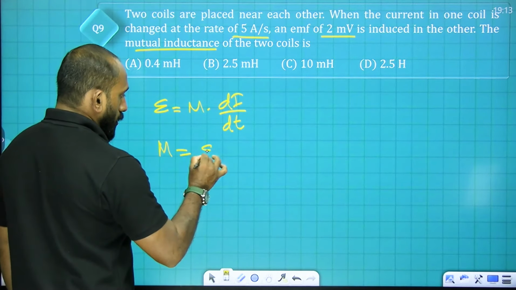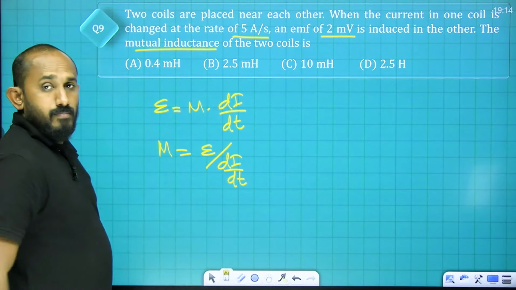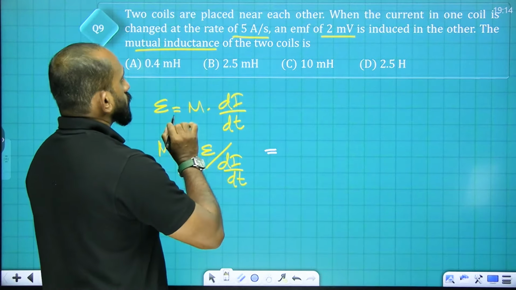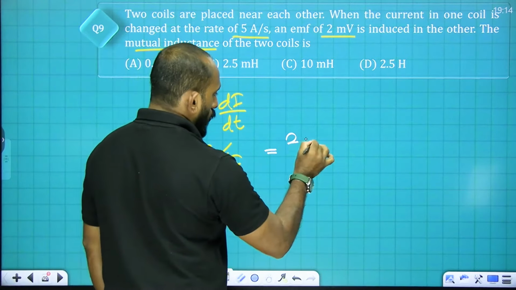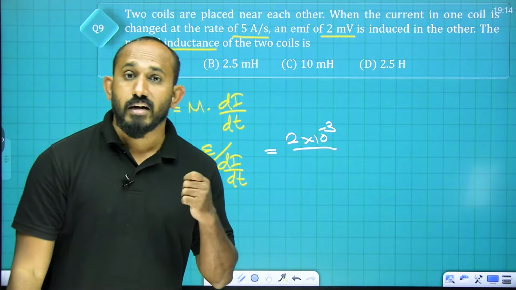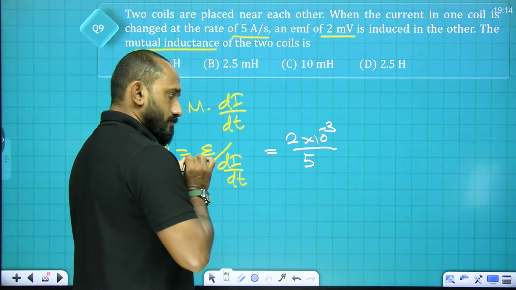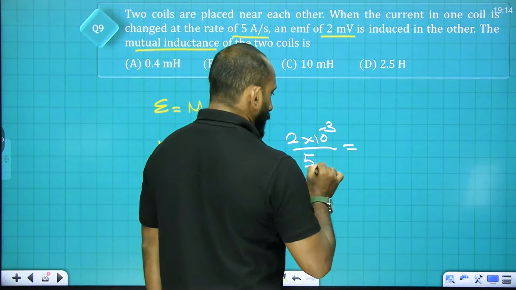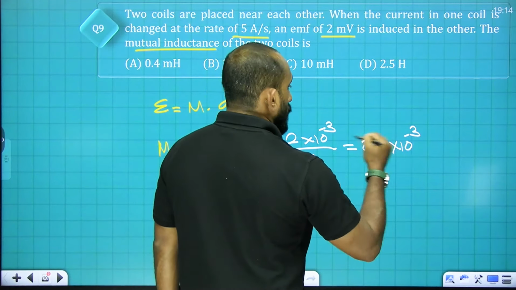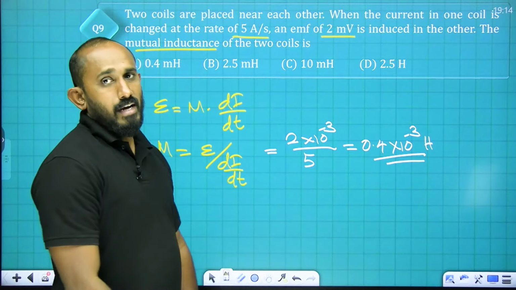M is equal to E divided by di by dt. The EMF induced is 2 millivolt, so 2 into 10 raised to minus 3, divided by the rate of change of current, which is 5 ampere per second. So 2 by 5, that is 0.4 into 10 raised to minus 3 Henry is the answer.